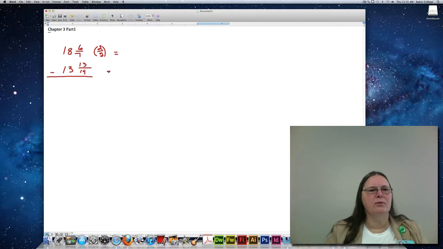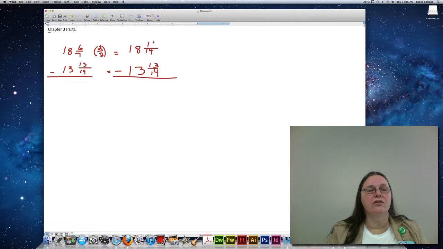So our bottom number just remains the same, and you just rewrite this piece of it, the 13 and 13 14ths, the same way. This one's going to change to 18 things, and then 2 times 7 is 14, and 2 times 6 is 12.